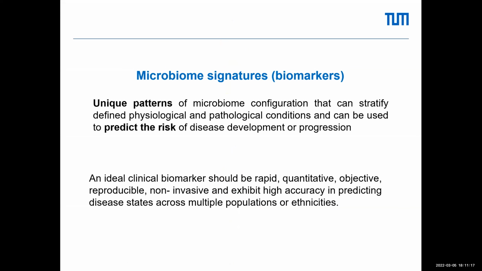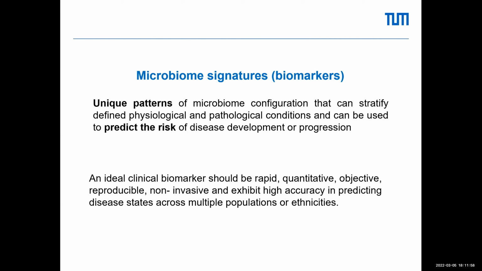And the second term, which we will also use quite frequently during the lecture today, would be microbiome signatures or biomarkers. When we speak about microbiome signatures, what we actually mean is a unique pattern of microbiome configuration. That means that we're not describing one or two bacteria, but we actually describe the whole community, in terms of relative abundance, presence and absence, functional capacity and functional potential.